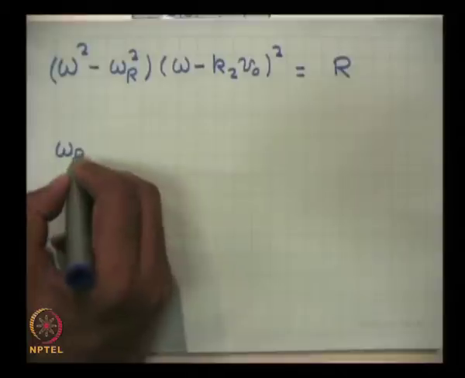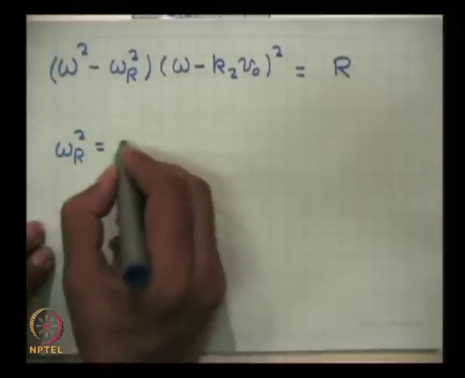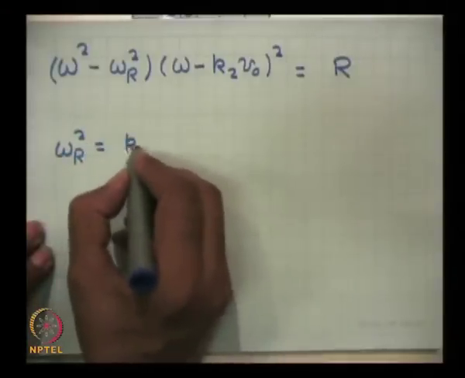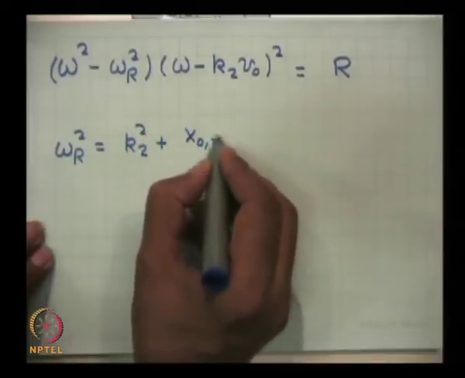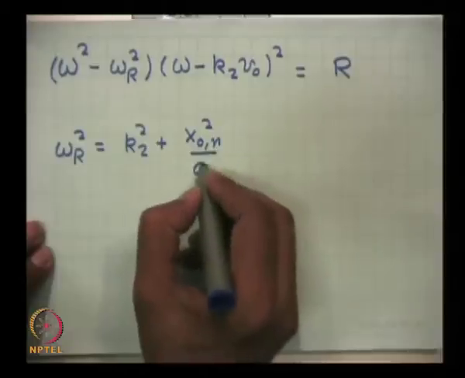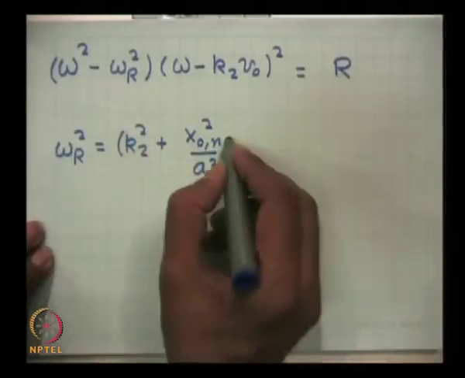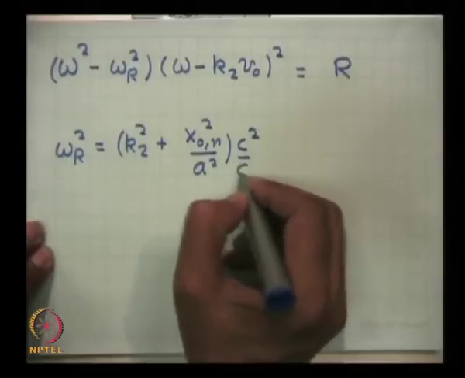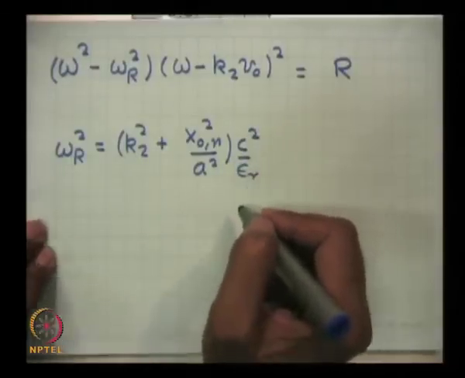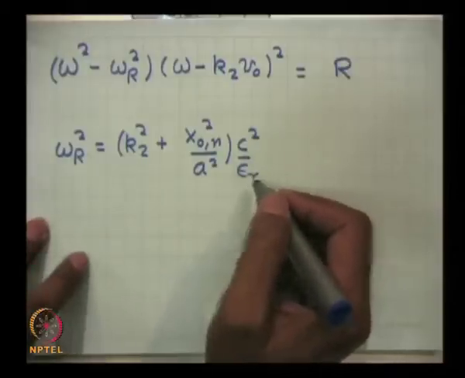What is omega r square? Omega r square I am defining as a term which is equal to kz square plus x0 n square by a square, multiplied by c square upon epsilon r, because this is the factor I had taken common.